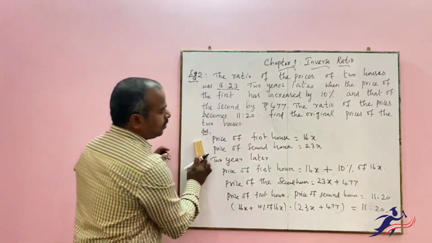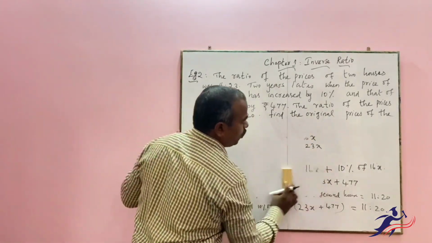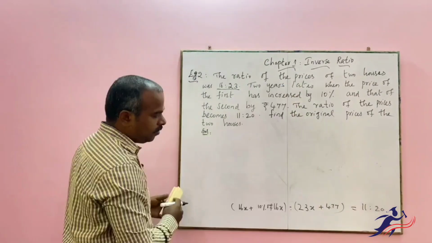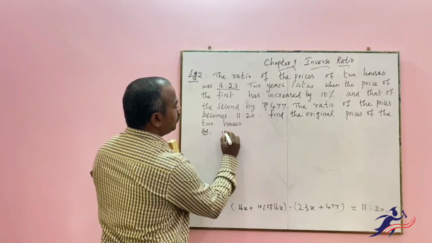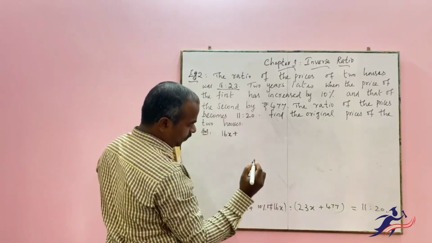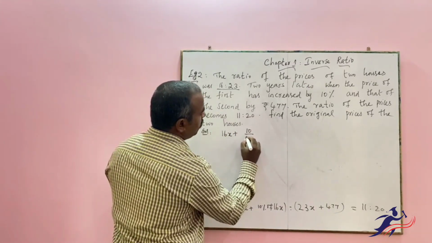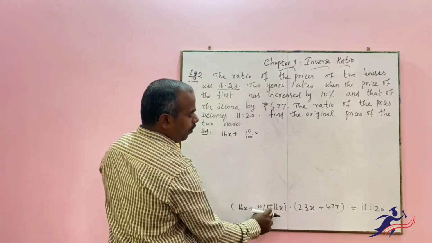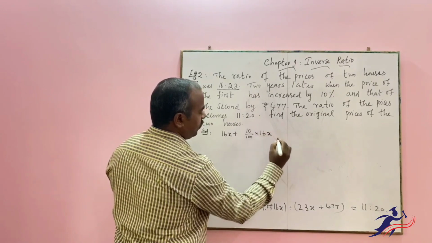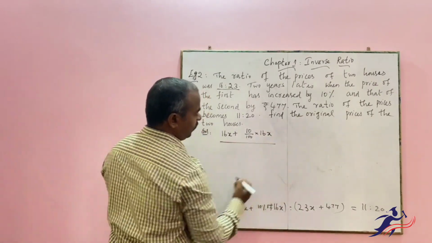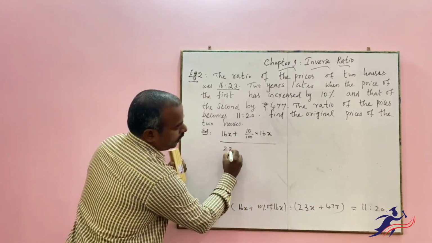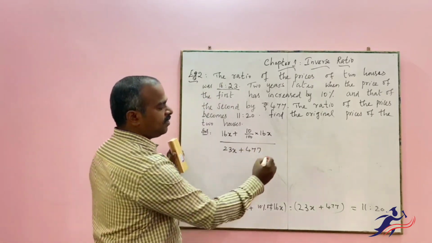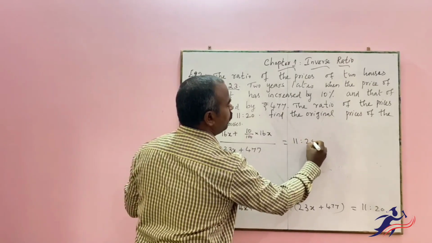Now we can write the given ratio in division form in order to find out the value of x. So see, that is 16x plus 10%, in the sense 10 by 100, percentage means out of 100, of means into, that is 16x, by 23x plus 477 is equal to 11:20.